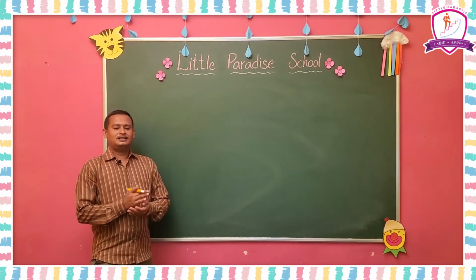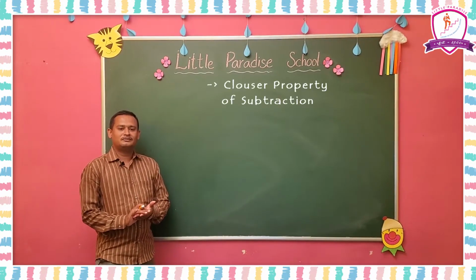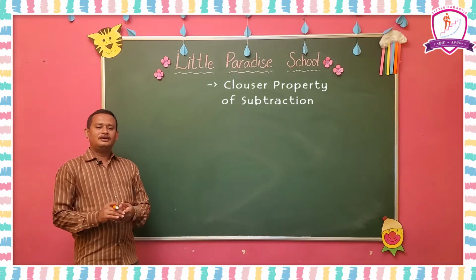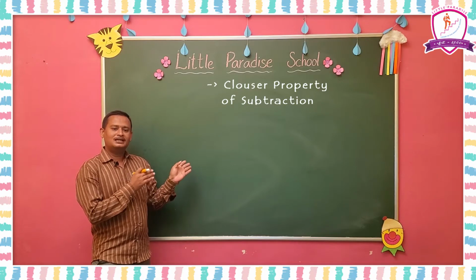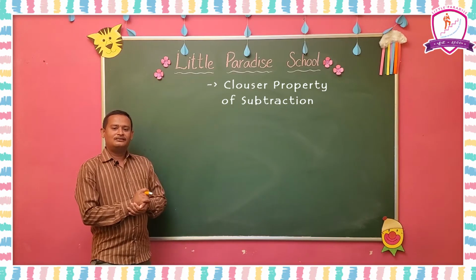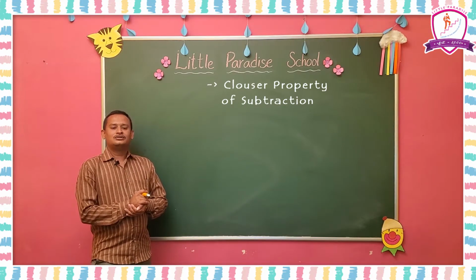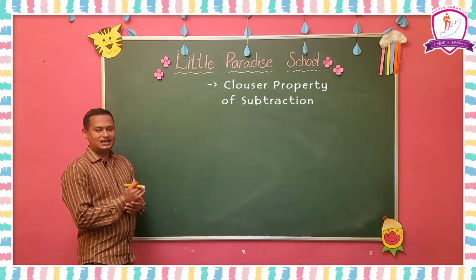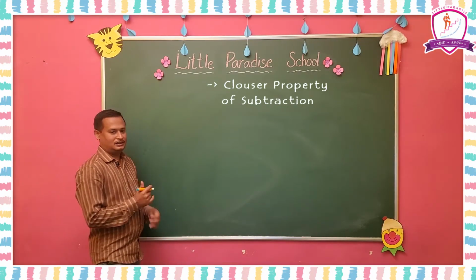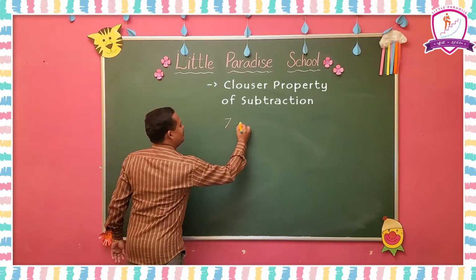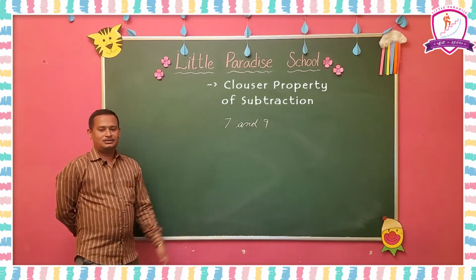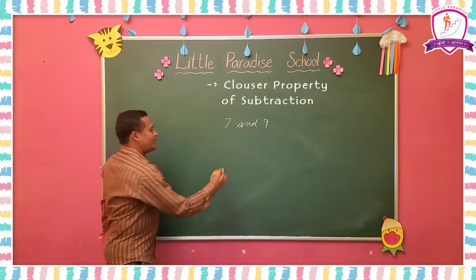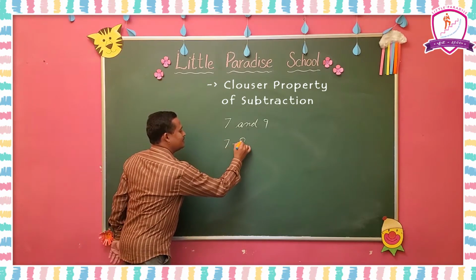Now, let us discuss the closure property of subtraction. In the same way, for any two integers a and b, if we subtract a minus b, the difference will be an integer. For example, I am going to take two integers, 7 and 9. We have to subtract 7 minus 9.